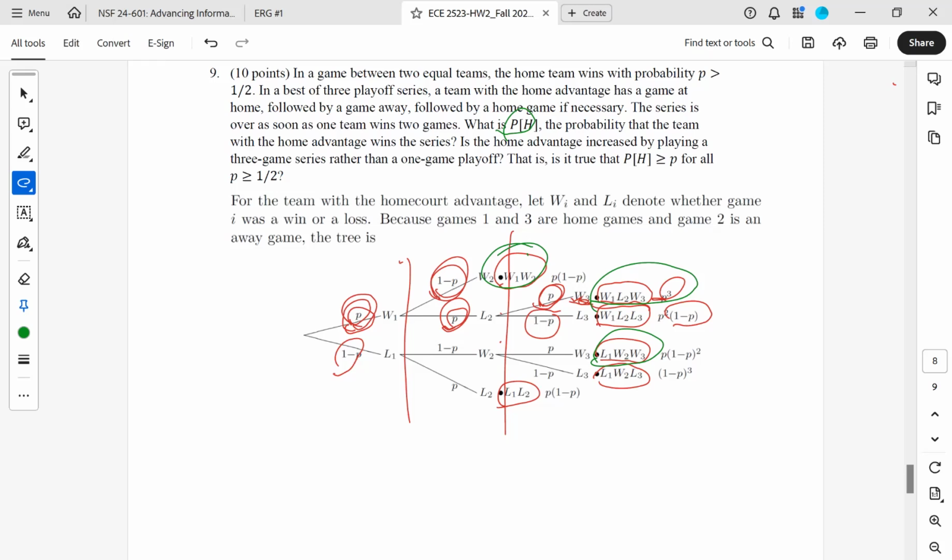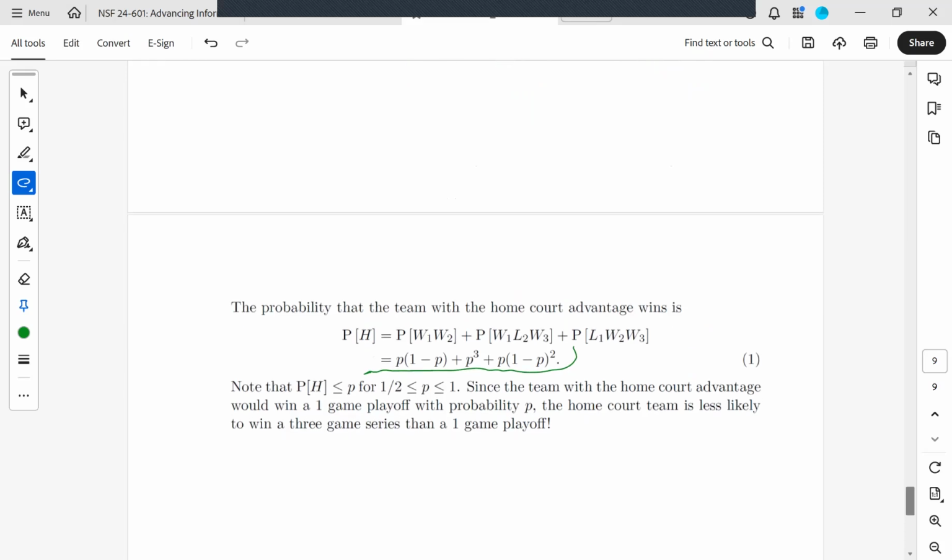How can we decide that? We know the probability of winning in a 3-game competition, we already calculated that. This is this formula, based on P, which is the probability of winning. For 1 game with the home advantage, we know that the probability of winning is P itself.